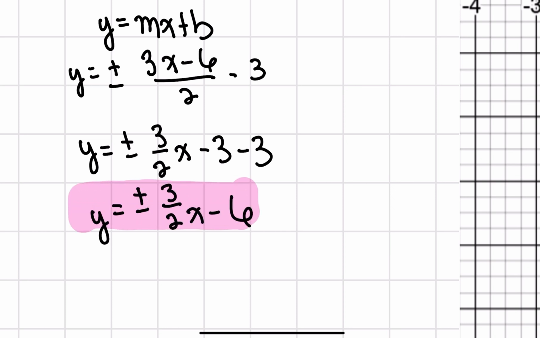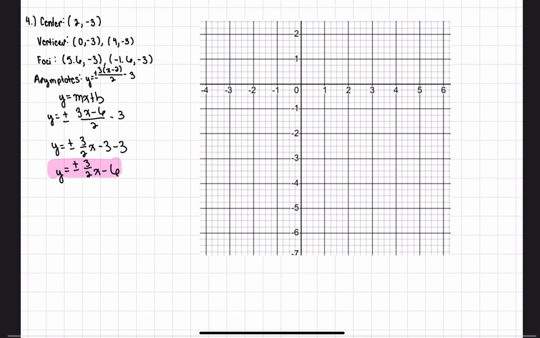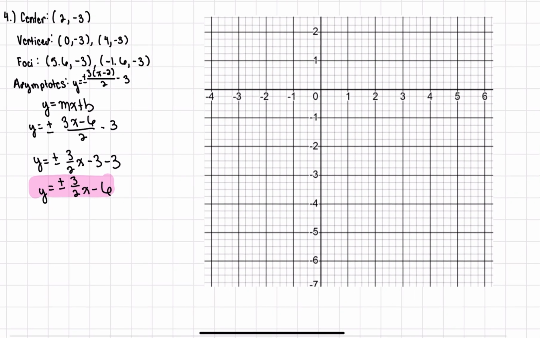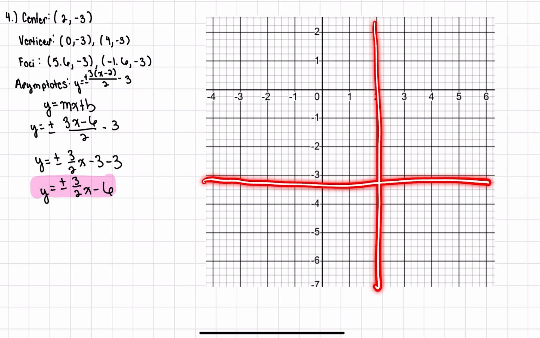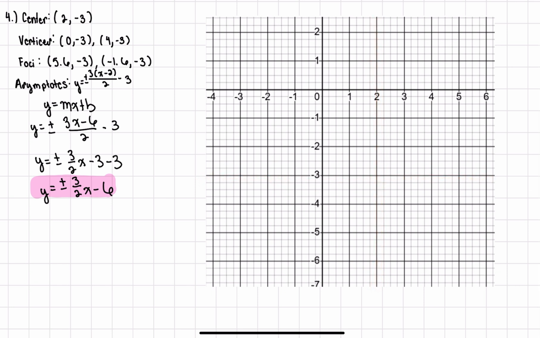And that is the simplified equation of our asymptotes. Now that we have that, let's graph this, starting with our center point. Our center is at (2, -3). Let's graph that point with a different color so that we see. That is our center point. Let's plot our vertices.